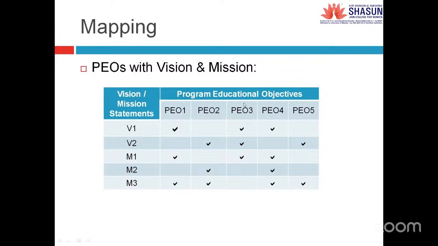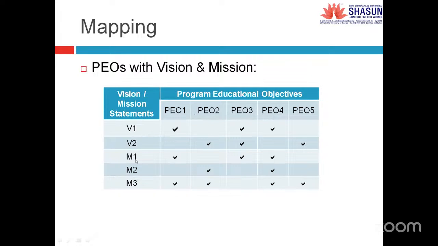If we are tagging your objectives, ultimately all your outcomes are going to serve the purpose of achieving the vision and mission of the institution, and also the graduate attributes we have set. The list of POs we call the graduate attributes. Any student graduating from your institution is going to possess and achieve all these objectives set as the POs: PO1, PO2, PO3, PO4, and PO5.